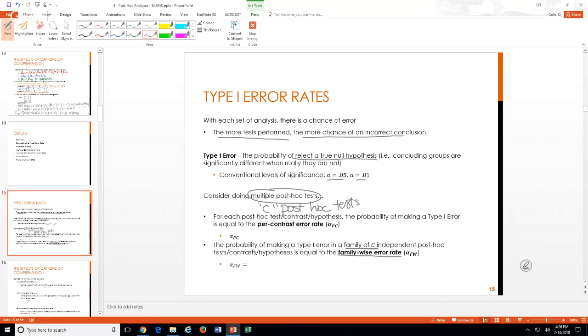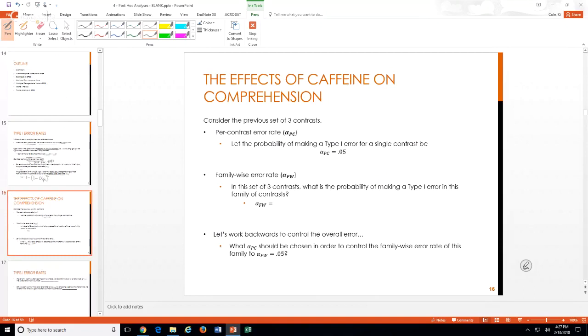So if we just did all 3 of those, what would our overall chance of error be? The formula is given by 1 minus the quantity 1 minus alpha for each contrast, or per contrast, raised to the C power. So however many contrasts you're doing is what number goes in on the C. In that example, we just had a set of 3 hypotheses, right?